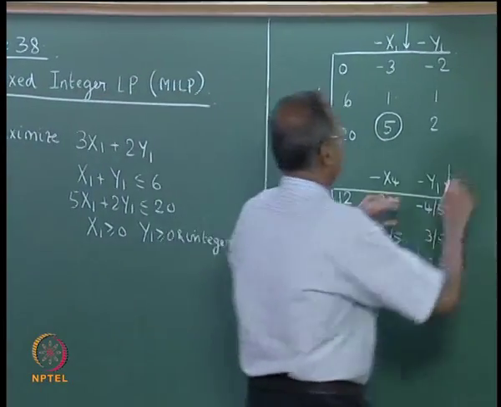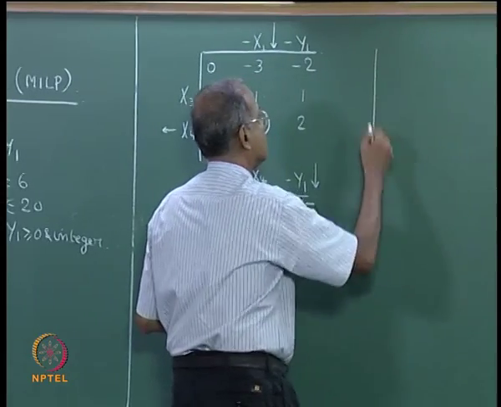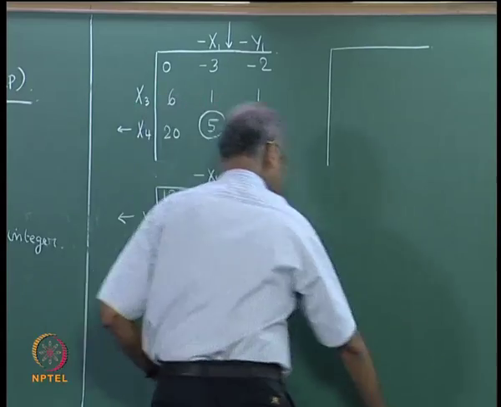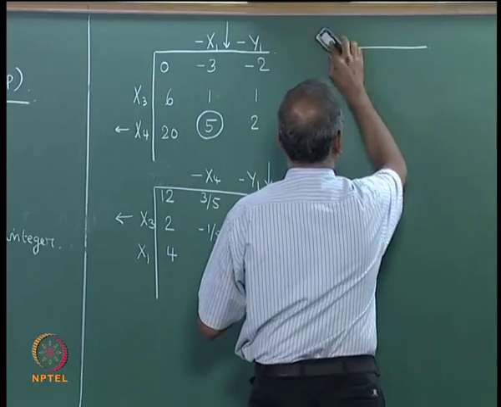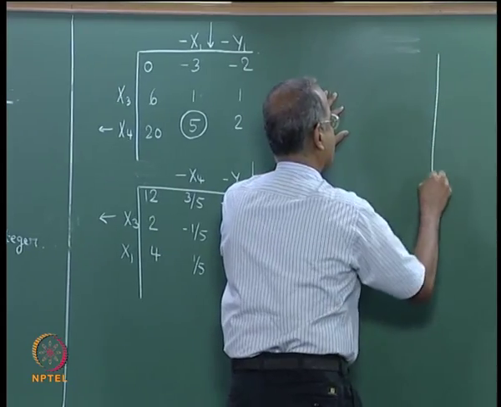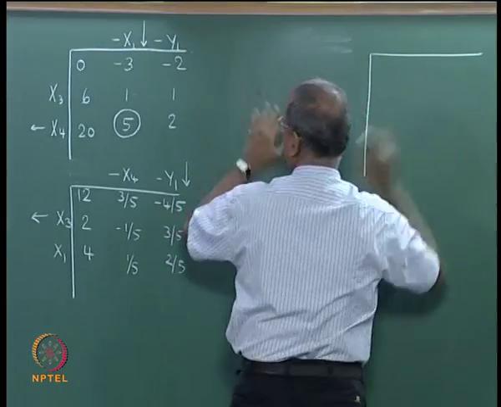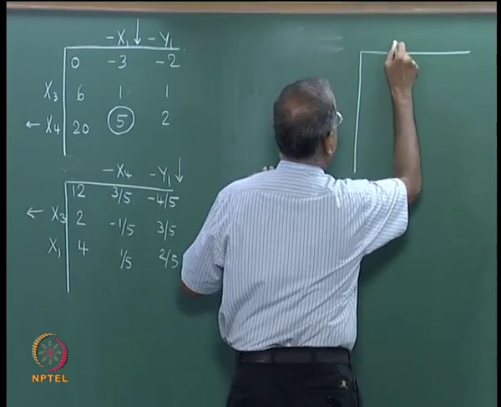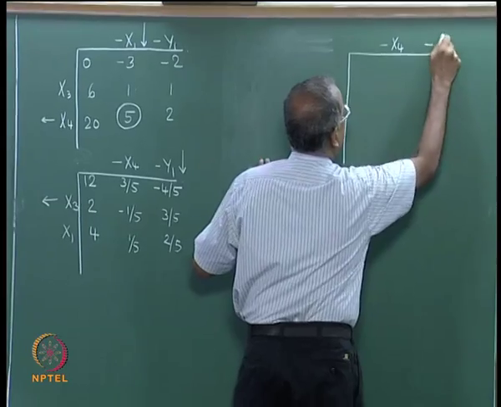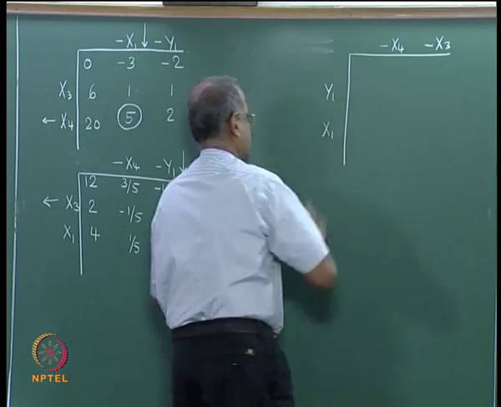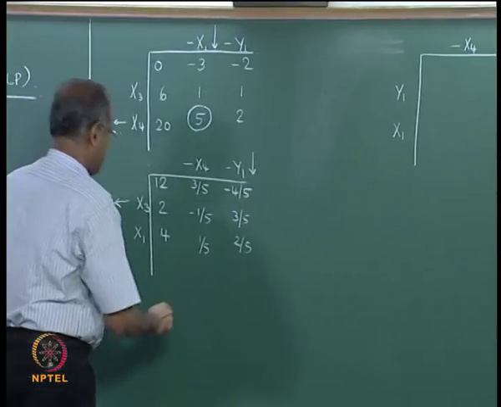So the next iteration will have y1 entering, so minus x4, minus x3, y1 and x1. This is the pivot.